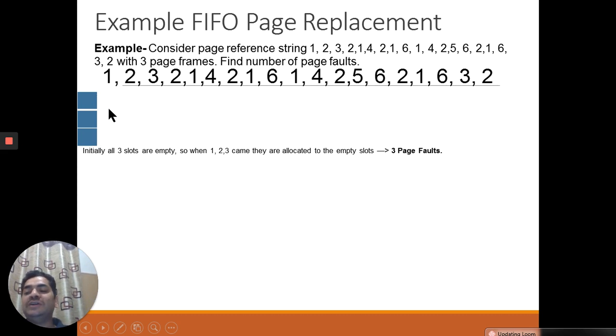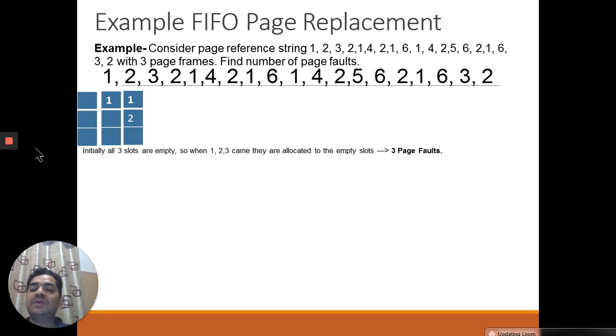So we didn't remove any frame. We allocate the pages to the frames: 1 is occupied in the first frame, 2 in the second frame, and 3 in the third frame. Initially we have 3 page faults for 3 page references.